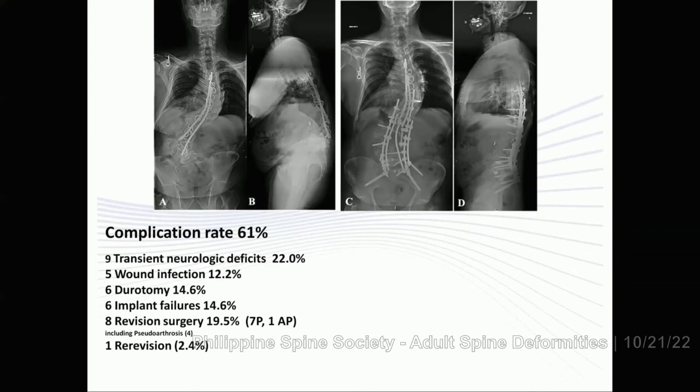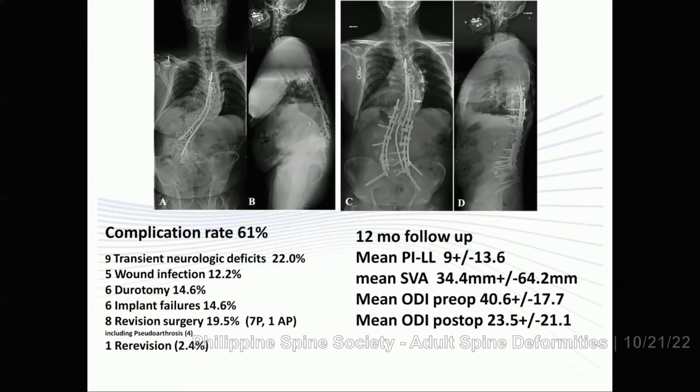Of the 8 patients, 7 were treated with only the posterior approach. There was 1 patient who had revision surgery and had to be revised again. In spite of these complications, at 12 months, the sagittal alignment was maintained, and the SVA was less than 50 millimeters in most patients. The mean ODI also decreased at 12 months follow-up.